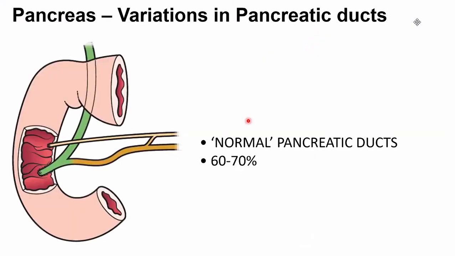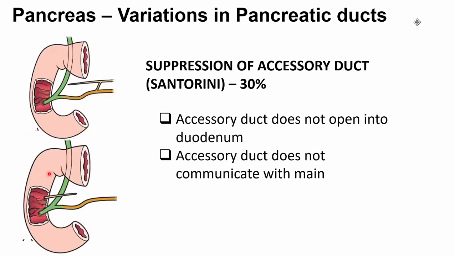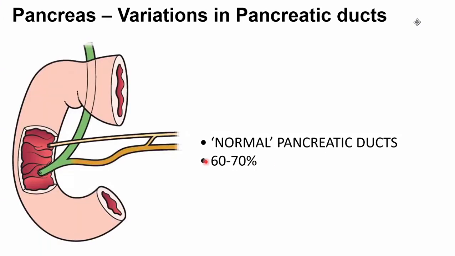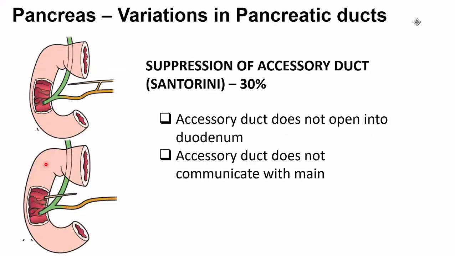Just to give you an idea also, there are variations of different pancreatic ducts. Ito yung normal, duct of Santorini, diretso siya, meron siyang connection. And this is the duct of Wirsung and the ampulla. 60 to 70% occurs, but there are others, variation, 30% of that. Yung duct of Santorini, hindi yan dumidiretso sa duodenum, medyo blunted siya.